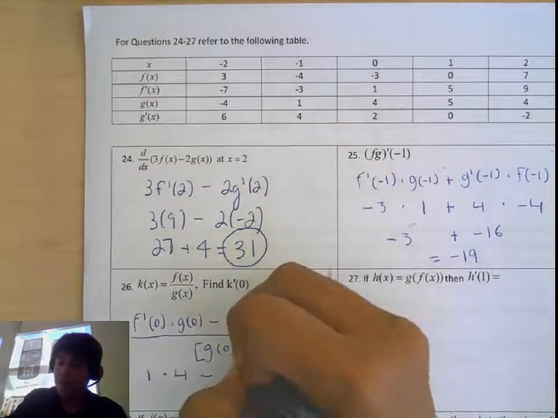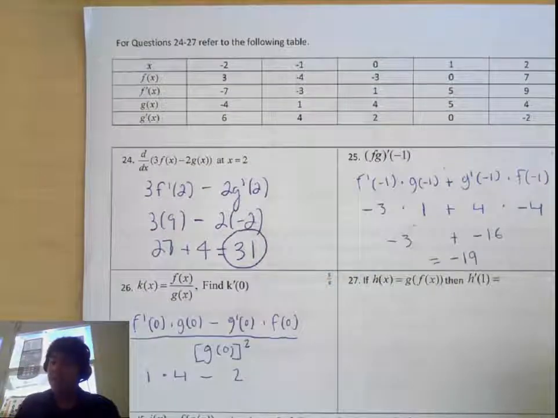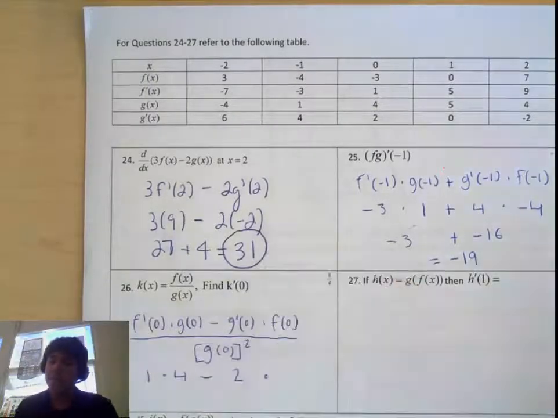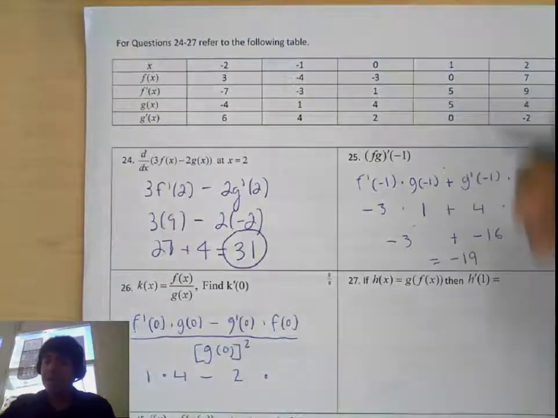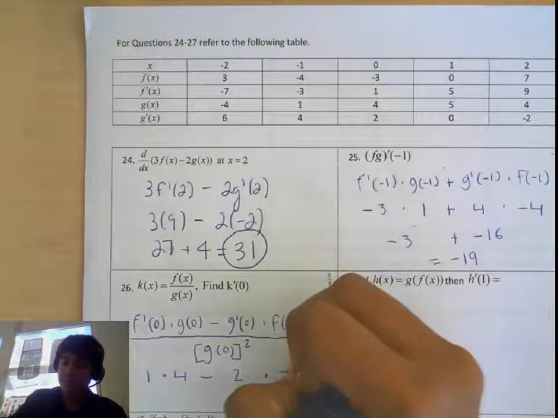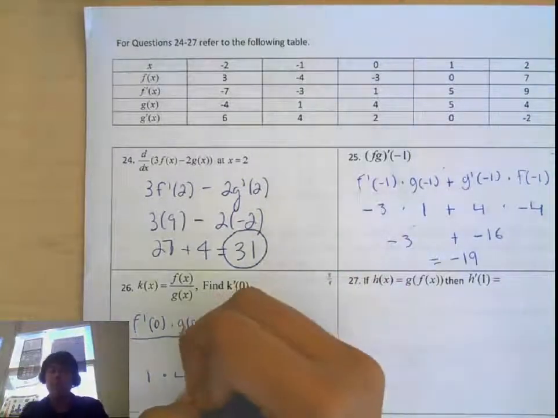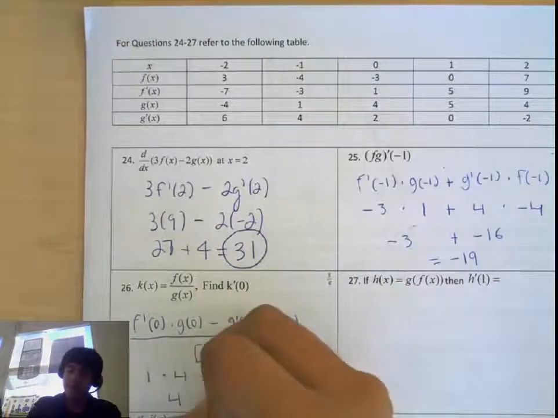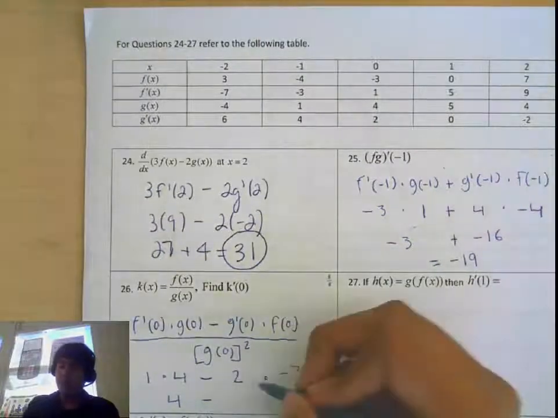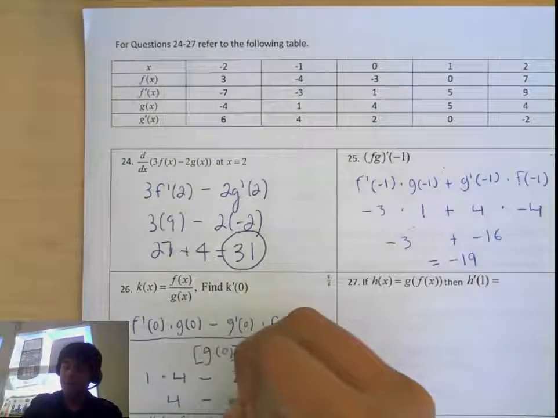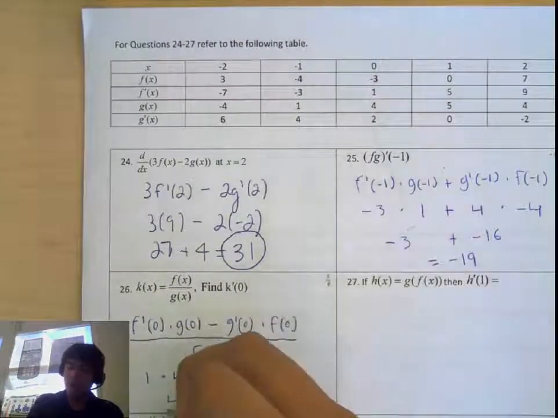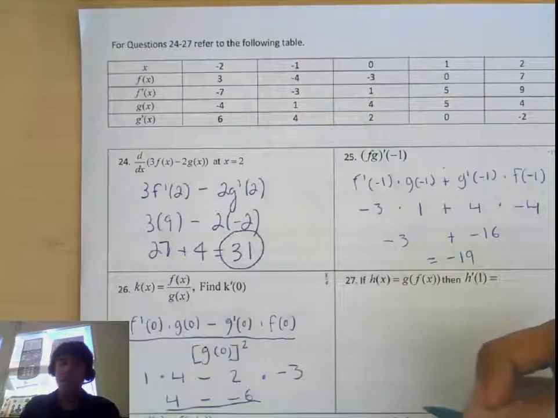No, g prime of 0 is 2. And then multiplied by f of 0, which is negative 3. So this gives you 4, subtracted by 2 times negative 3, which gives you negative 6, all over what g of 0 is.